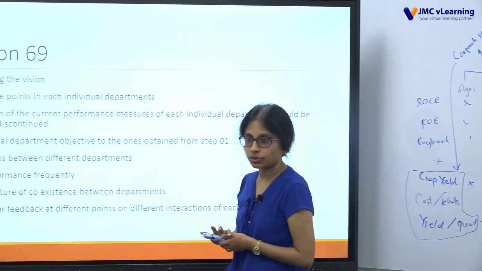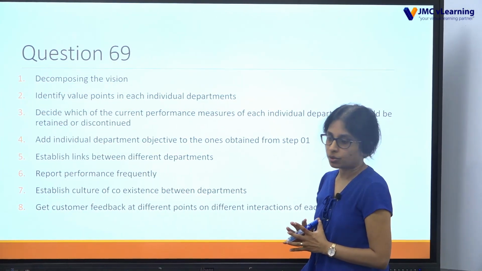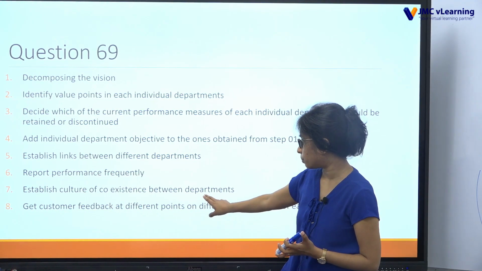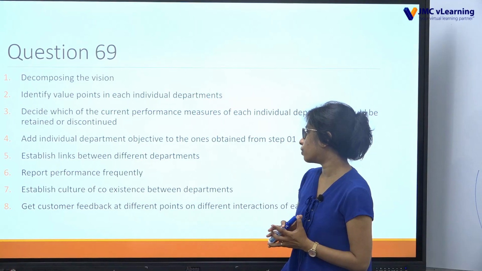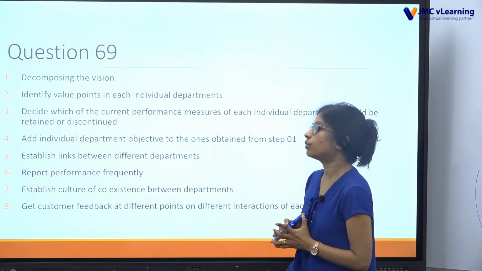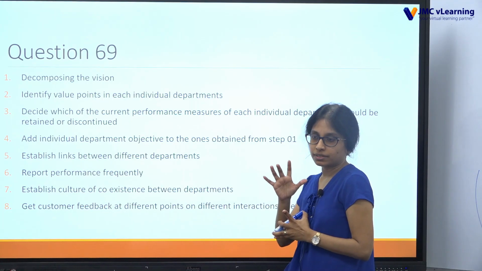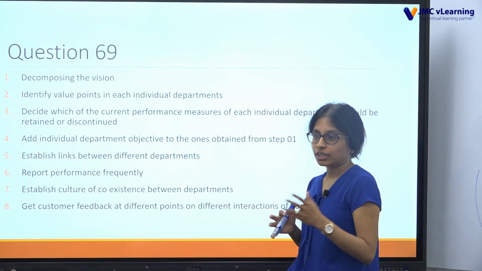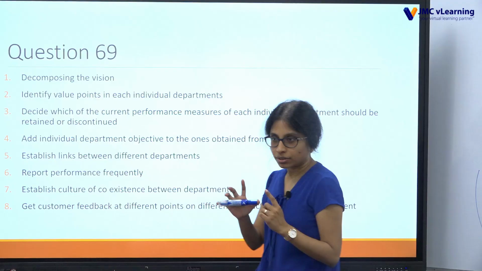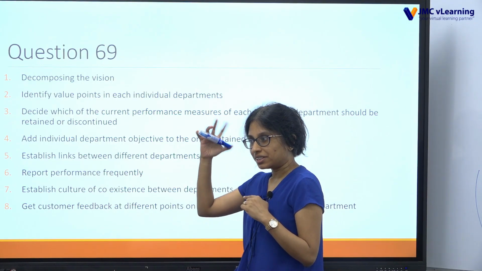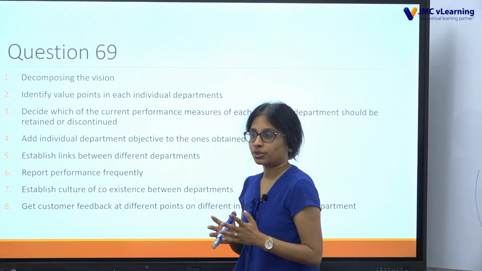Next one, report performance frequently. That is straightforward. No? The KPI performance you report. Establish culture of coexistence between departments. There are some companies that I have seen, if two departments talk to each other in a friendly way, the directors take it the other way around.